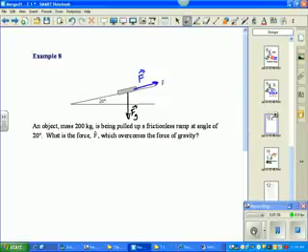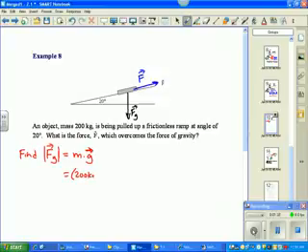We know that the ramp is 20 degrees, and we know that the object is 200 kilograms. So the first thing we need to find is the magnitude of the force that's being pulled straight down. How much force is gravity actually applying to us? We need to remember that the force of gravity is mass in kilograms times the vector for gravity.